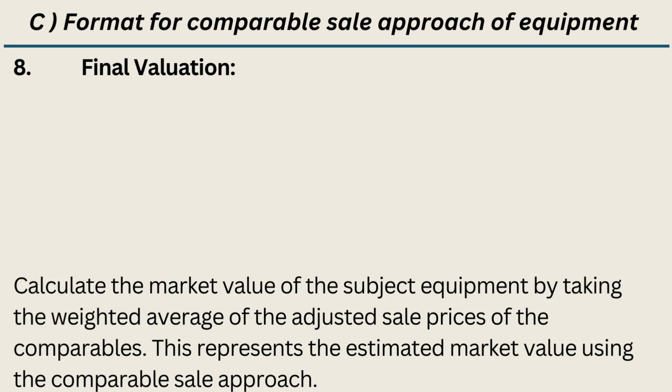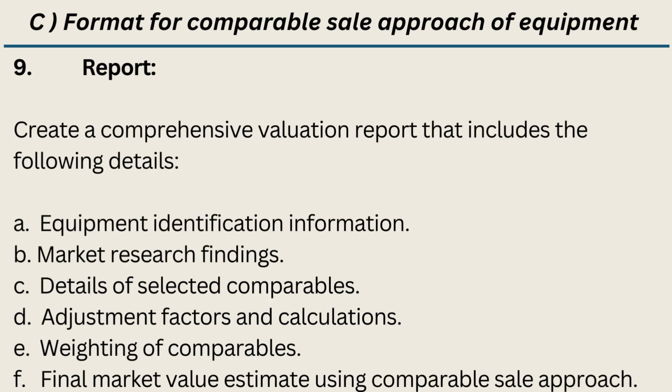8. Final valuation. Calculate the market value of the subject equipment by taking the weighted average of the adjusted sale prices of the comparables. This represents the estimated market value using the comparable sale approach. 9. Report. Create a comprehensive valuation report that includes the following details.